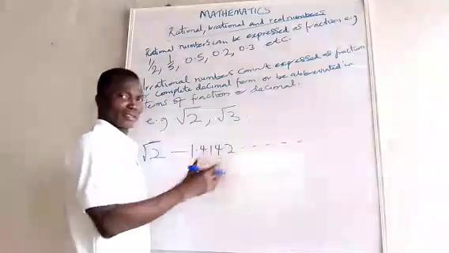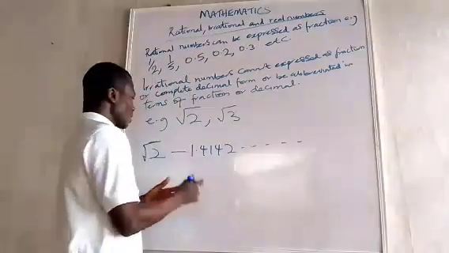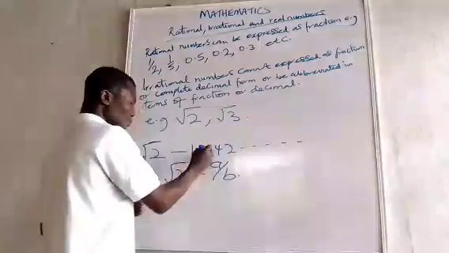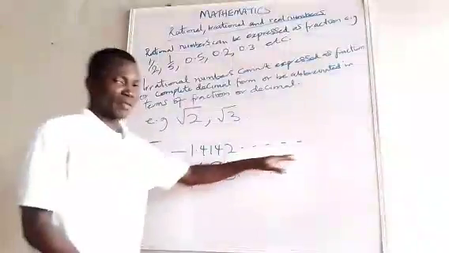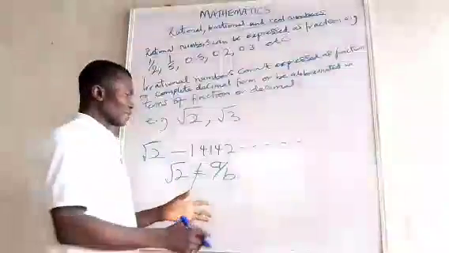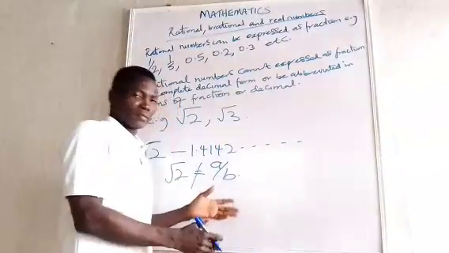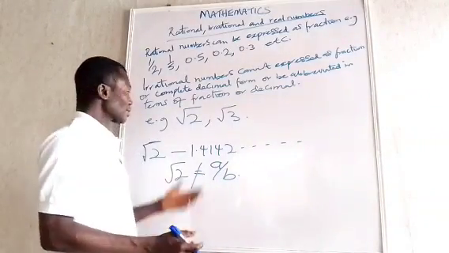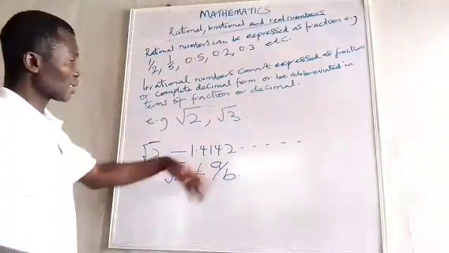You have several strings of numbers. So at the end of the day, you cannot express root 2 as a over b. It's not possible. You cannot give it a fixed value and say root 2 is equal to a over b. No. That is why those are the ones we call irrational numbers.